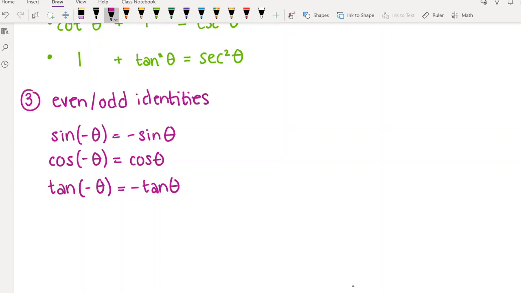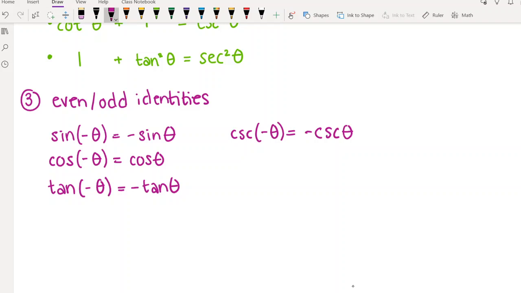Okay, so there's 3 more trig functions, right? The reciprocal ones. Basically the reciprocal ones follow the same pattern as the ordinary trig functions. Because sine is odd, cosecant is also odd, because it's 1 over sine, right? That negative sign is going to come along for the ride.